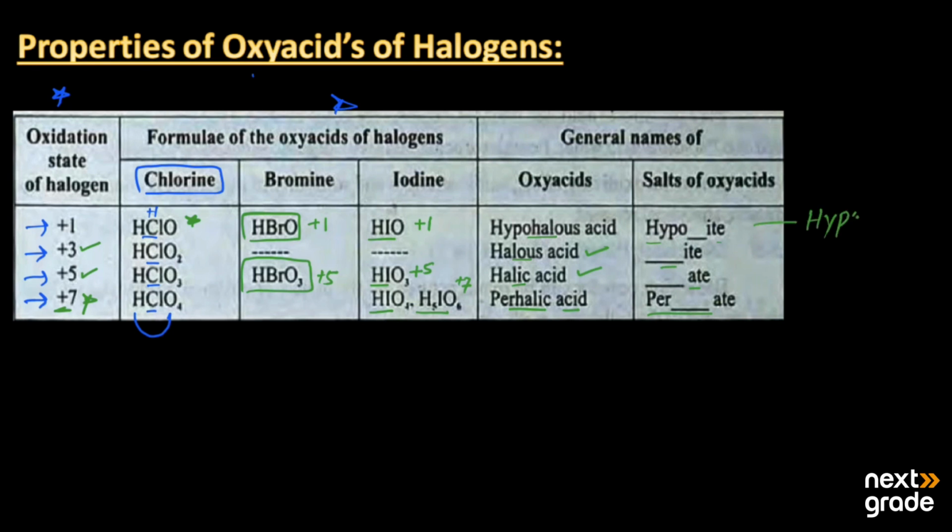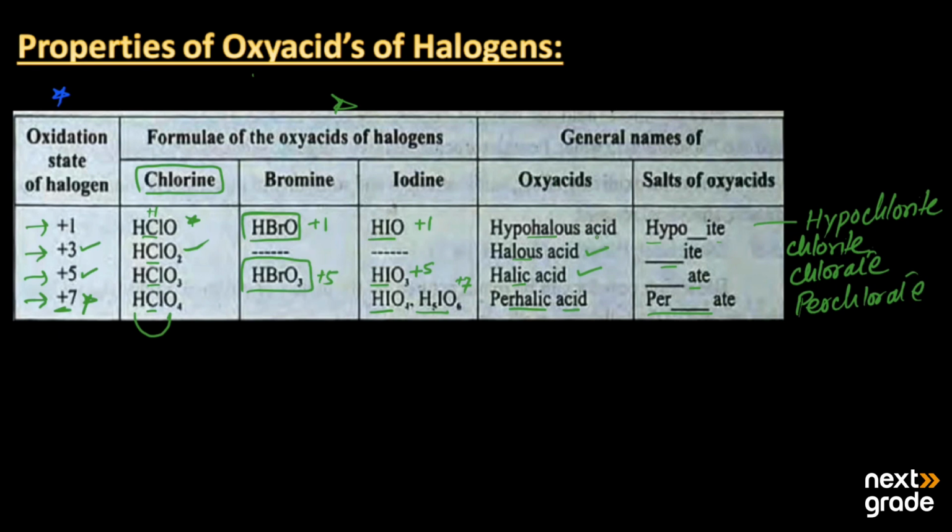Its name will be hypochlorite. And then the second one, its salt name will be chlorite. And if the oxidation state is +5, then its salt name will be chlorate. And if the oxidation state is +7, then the salt name will be perchlorate.